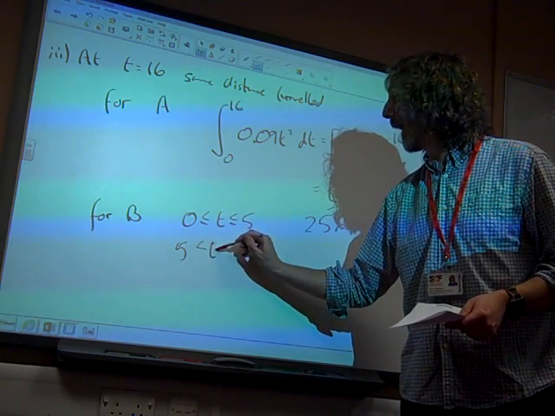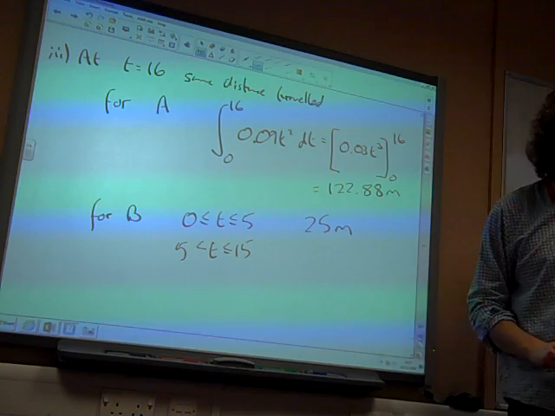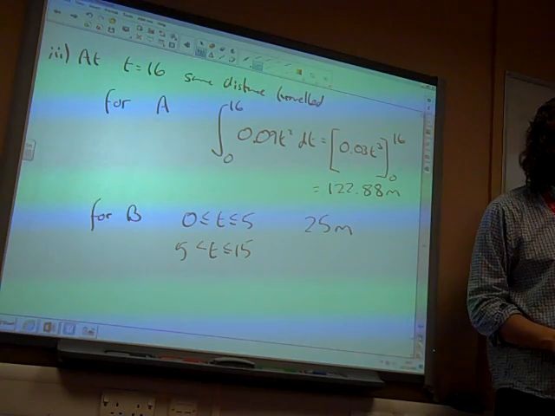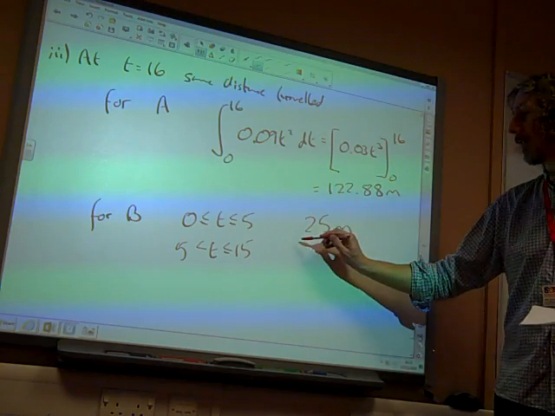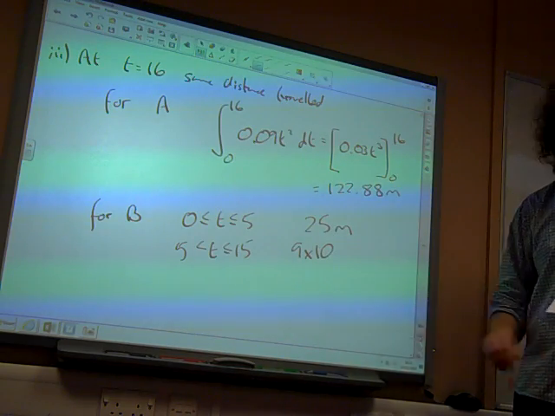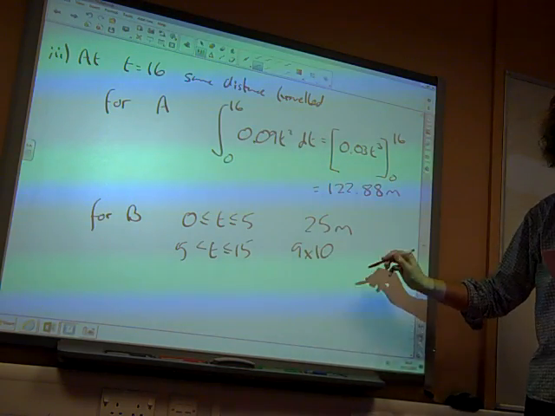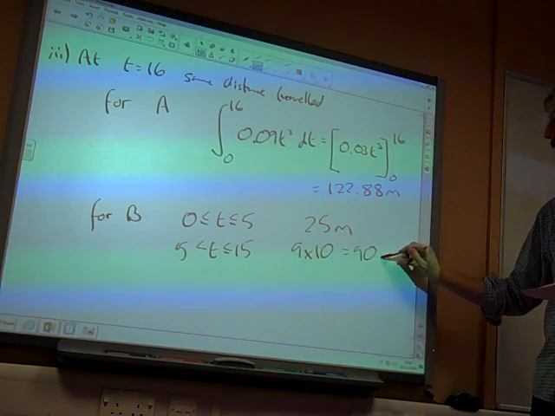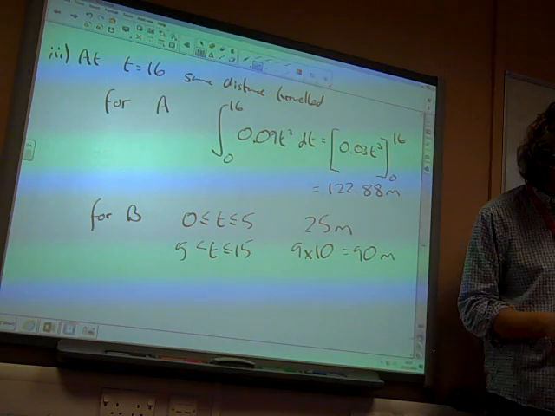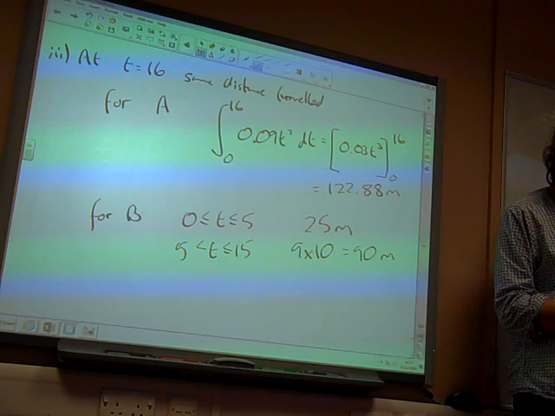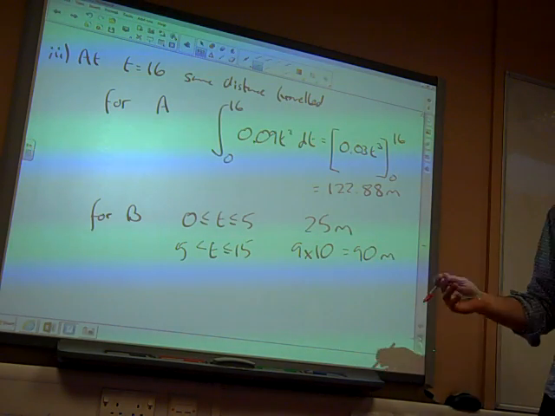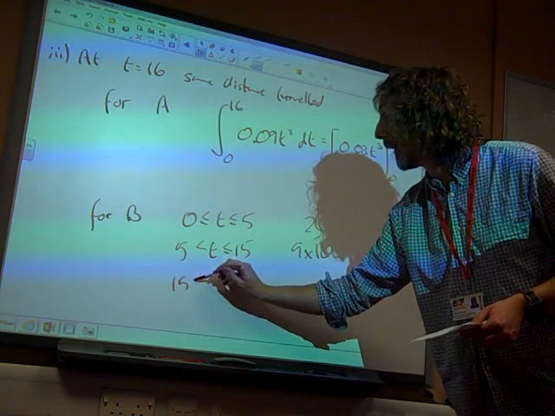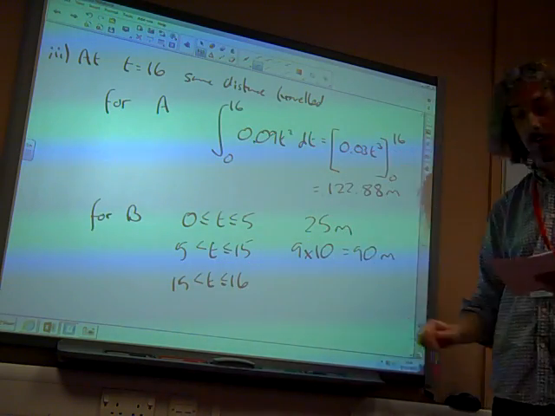Between 5 and 15 seconds, it's travelling with constant velocity. Its constant velocity was 9, so it's doing 9 metres per second for 10 seconds. That is 90 metres. So in that very final bit of time, we've got it going from 15 up to 16.